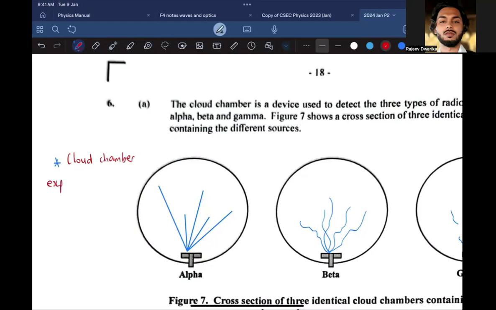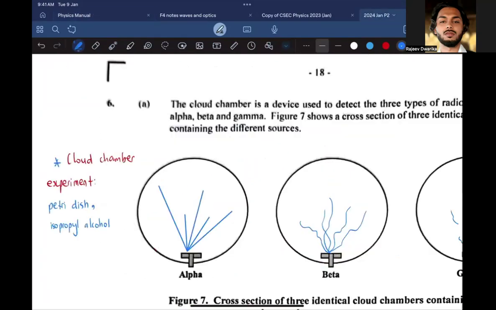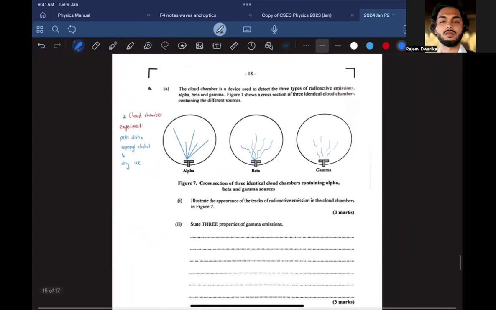Cloud chamber experiment: you use a petri dish with isopropyl alcohol and dry ice. Right, so you have that.